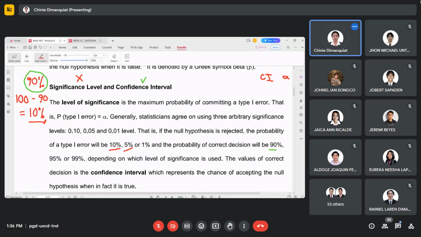Or 1% yung ating probability of committing a type 1 error, then yung ating 99%, yun yung probability na tama yung decision natin. So the value of correct decision is the confidence interval, yung ating CI, which represents the chance of accepting the null hypothesis when in fact it is true.